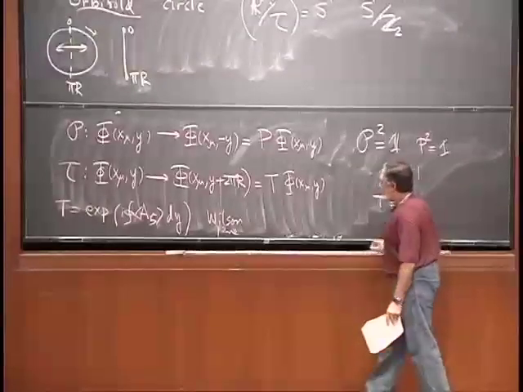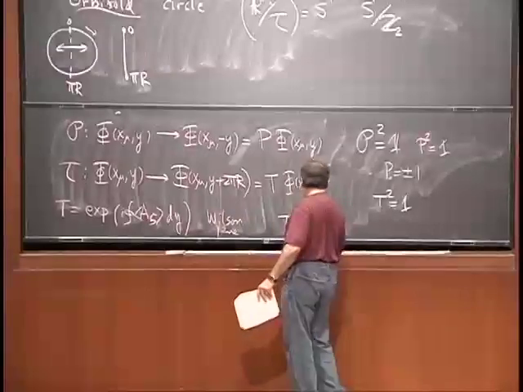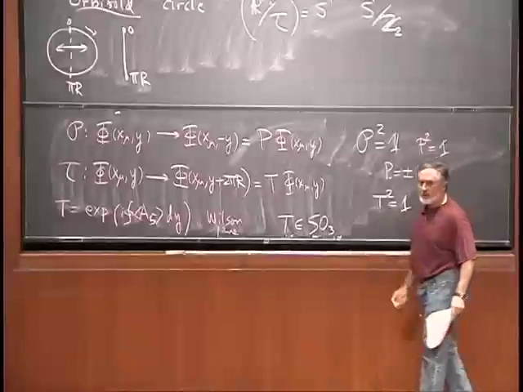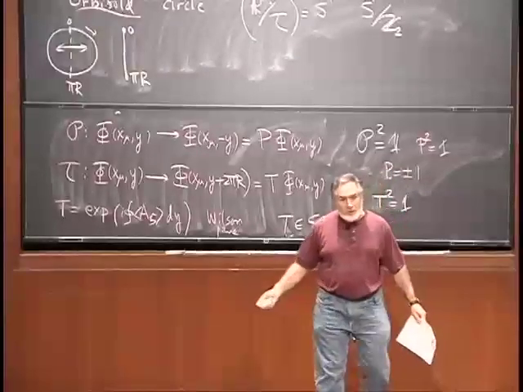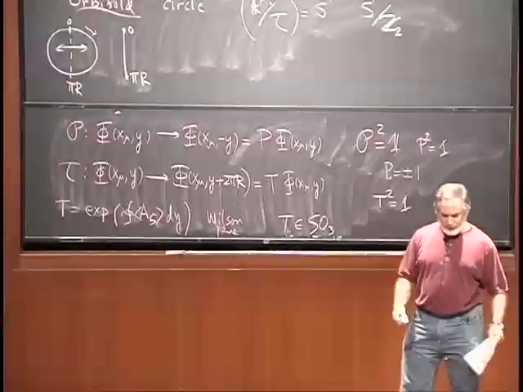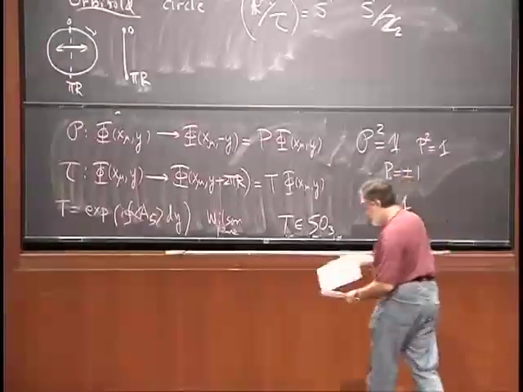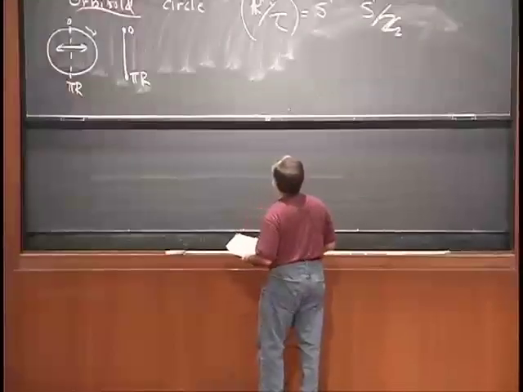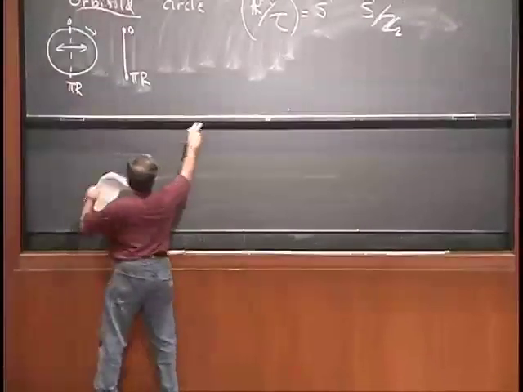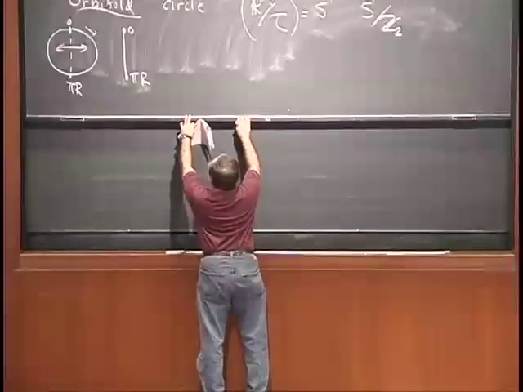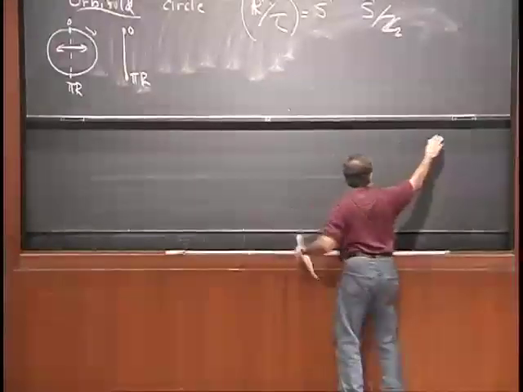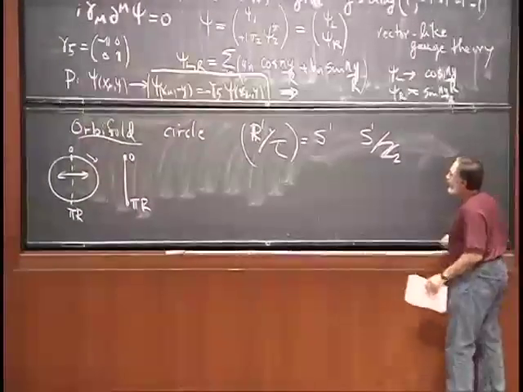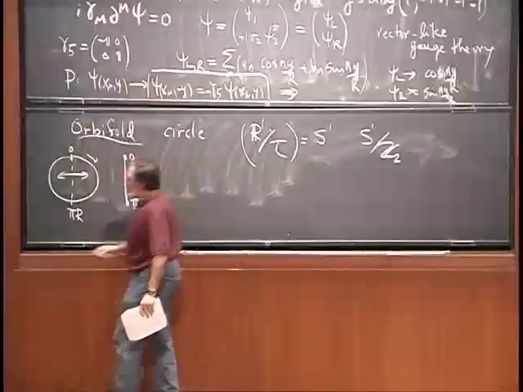So we'll take T. First of all, T is an element of the SO3 gauge group, and we're choosing it to satisfy T squared equal to 1. So it's sort of like a parity operation. It's a so-called discrete Wilson line. Okay, under that operation, we have this condition.